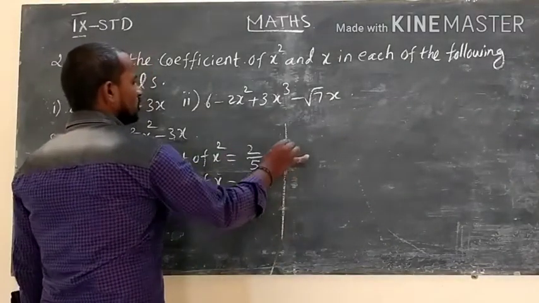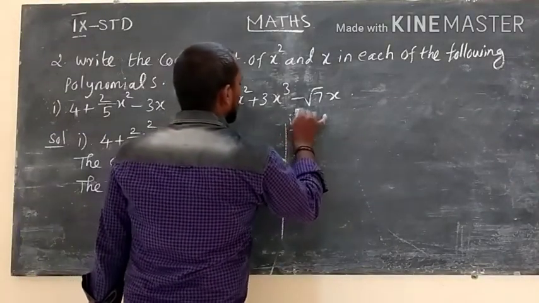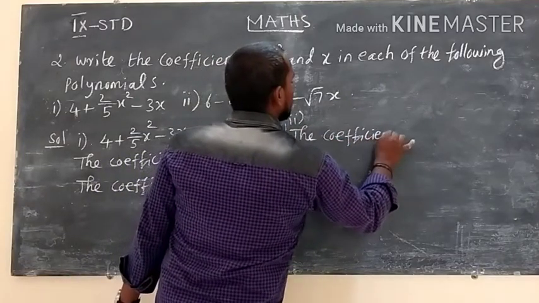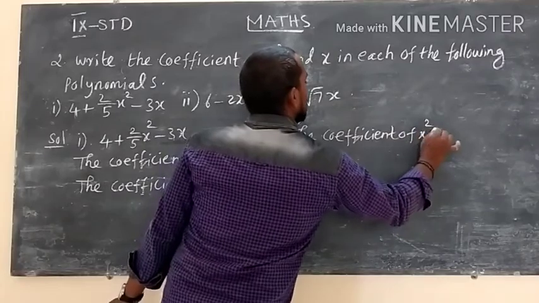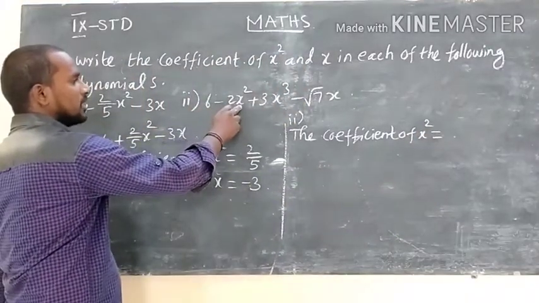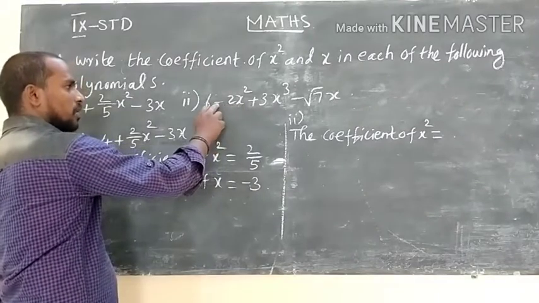Then the second question. The coefficient of x squared is, this is the x squared term. So the coefficient of x squared is minus 2.